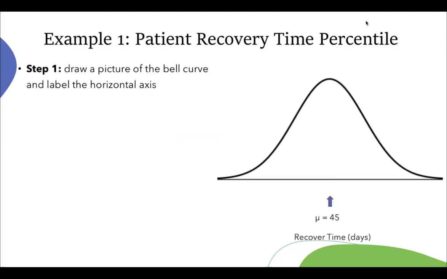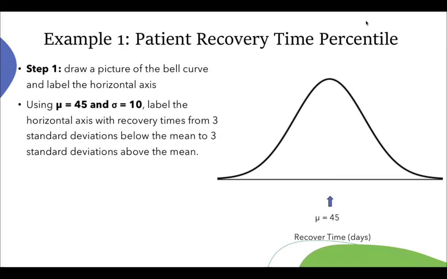So let's identify where 32 approximately is. If the mean is 45 and the standard deviation is 10, let's go 45, and then we can go up 55, 65, 75, 3 standard deviations to the right, and down 35, 25, 15, 3 standard deviations to the left.